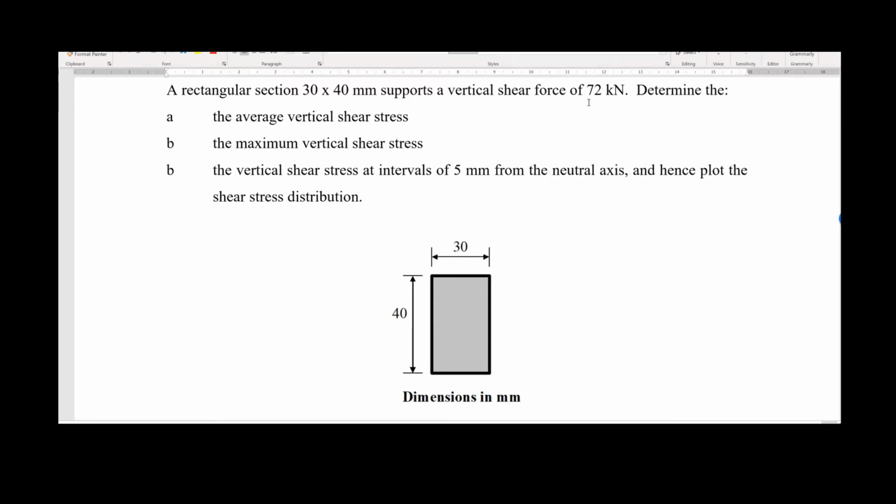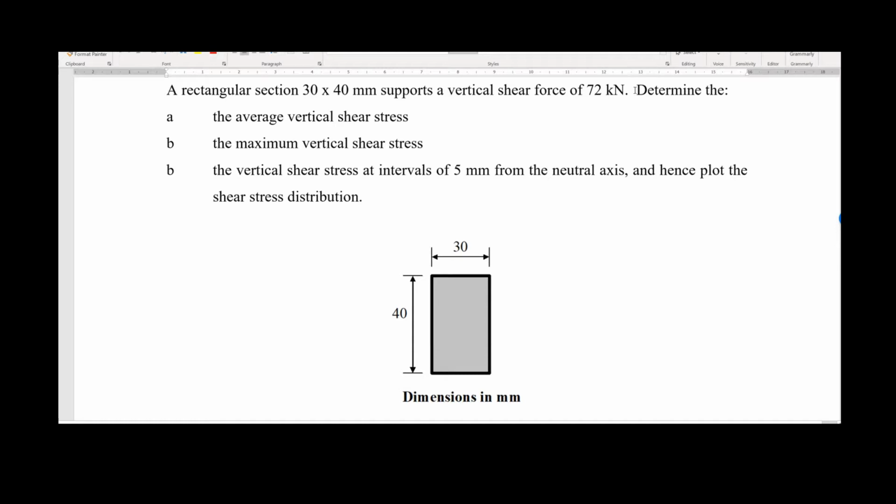But remember that this force, this 72 kilonewtons, is the shear force you have in a beam, for example. This could be part of a simply supported beam, or part of a cantilever beam, or part of a column, and you have the information about the shear force directly.